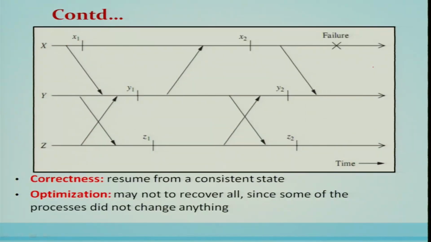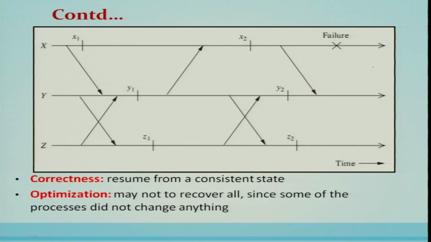Now as far as rollback recovery, there is a possibility of optimization, and also there is correctness, in that it will resume from a consistent state. Take this example: if there is a failure, it will roll back, or it will basically select X2 as the checkpoint, a consistent checkpoint.